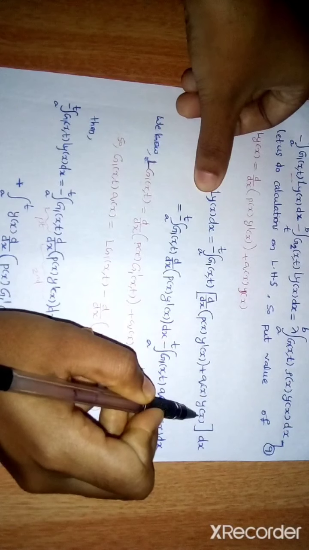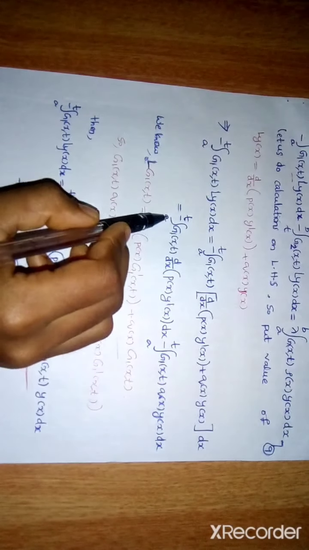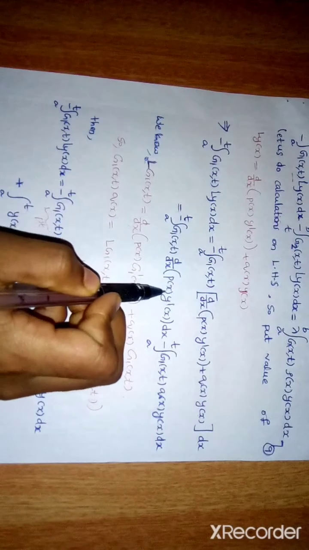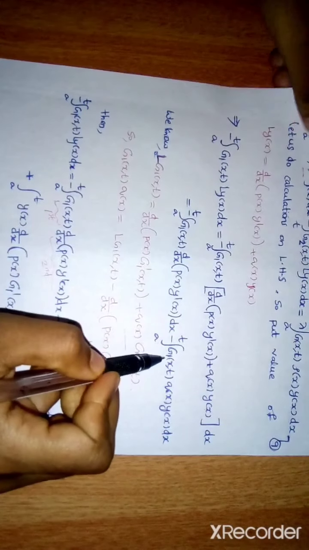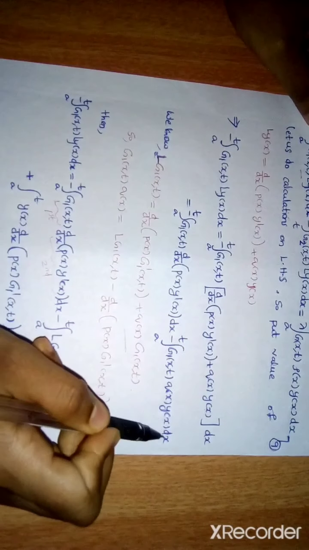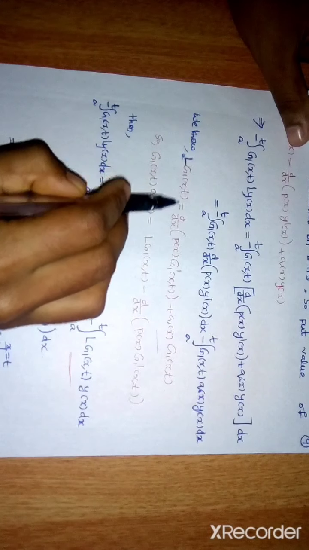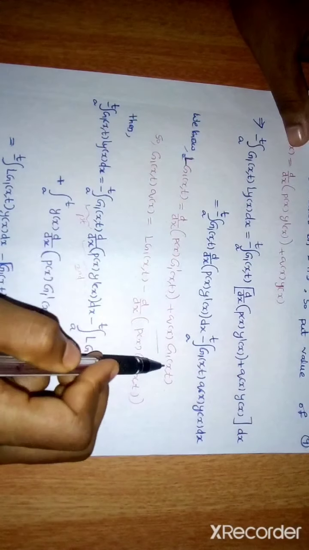Okay, and now we divide the integral. Then minus integral a to t g1 of xt d by dx of p of x y dash of x dx minus integral a to t g1 of xt q of x y of x dx. And we know L g1 of xt is d by dx of p of x g1 dash of xt plus q of x g1 of xt.